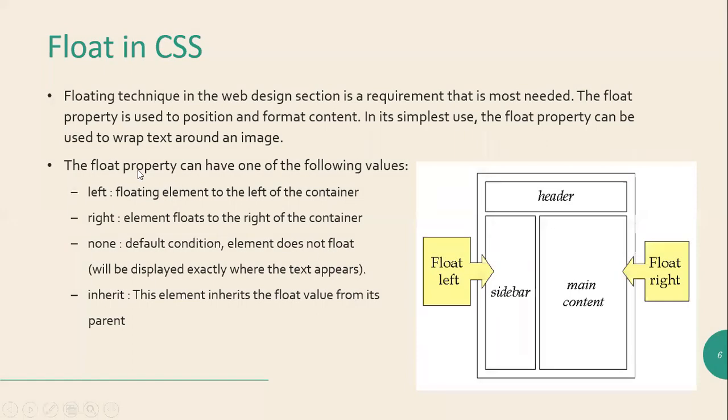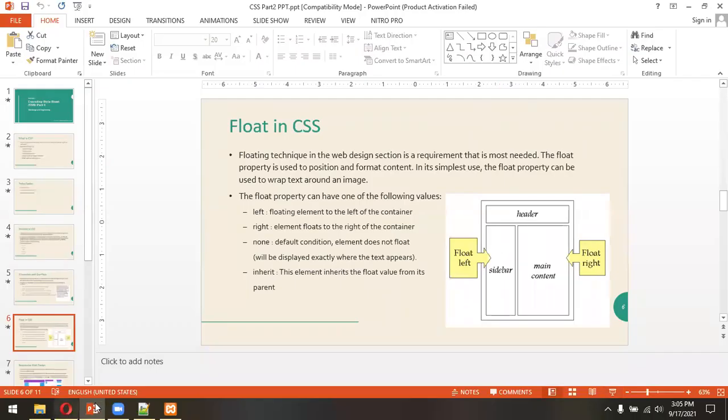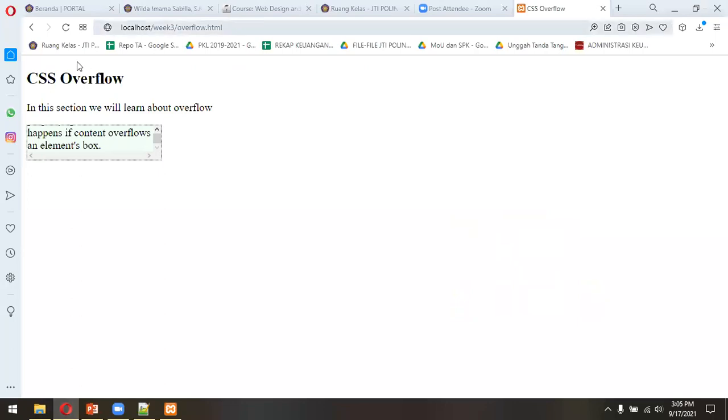Okay, next. The next is float. Float in CSS. So what is float? Actually, floating is one of the requirements. Usually, if we make a website, we must add float. So this is the example. If we are not adding float, usually all of our page will be shown on the next line.